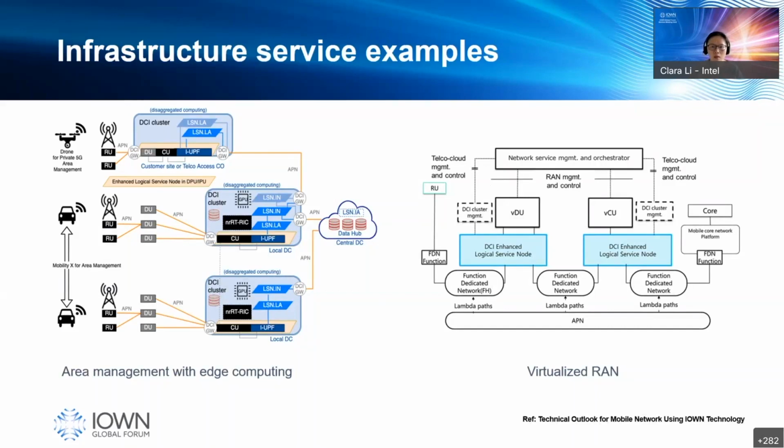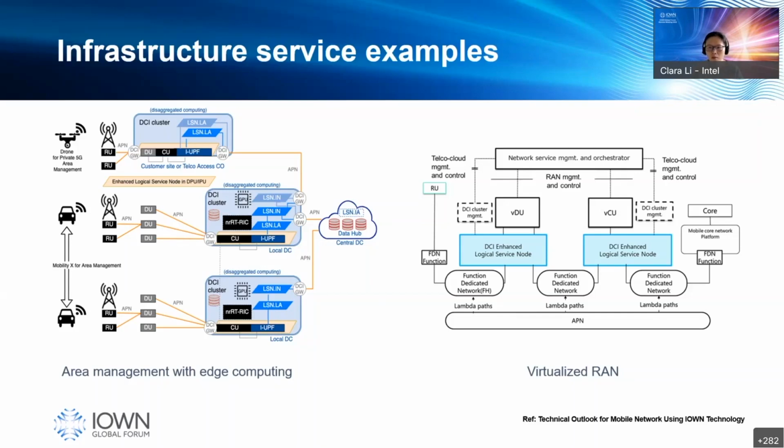Here I'm showing two examples. One is area management, where the DCI is providing the fundamental communication computing infrastructure for LSNs of, for example, the network ingress function, data aggregation function, and data hub function, for the purpose of the area management use case.